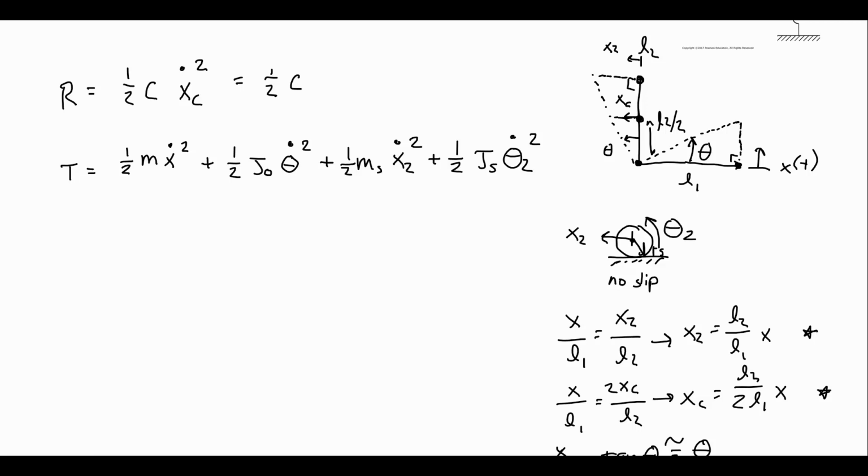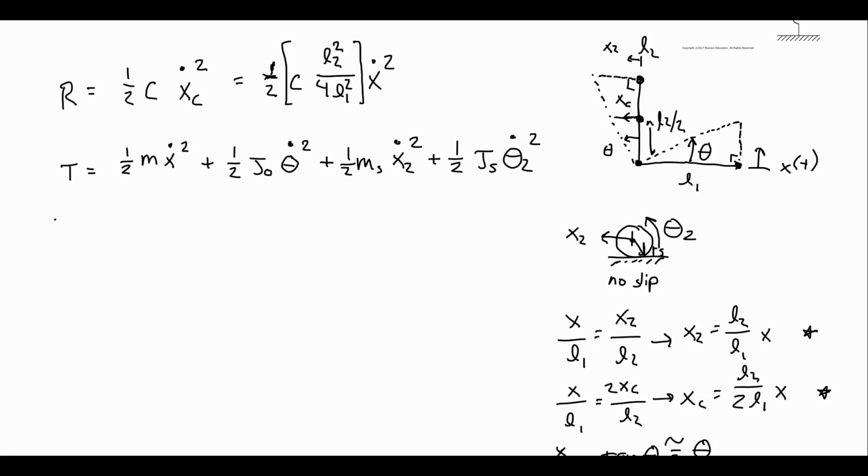So squaring it, I have L2 squared over 4L1 squared, x dot squared. Now r is in the form that we're going to see is convenient for doing our differentiation in the following step. I have some constant on the inside, I have the x dot squared on the outside, and it proceeds with that 1/2.